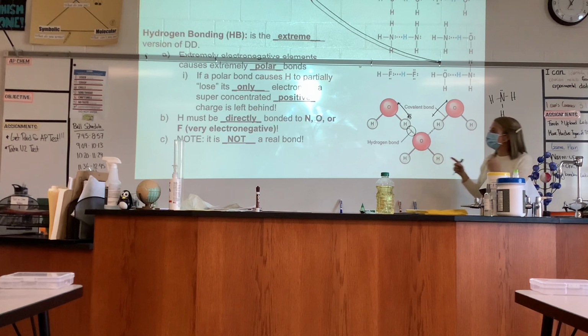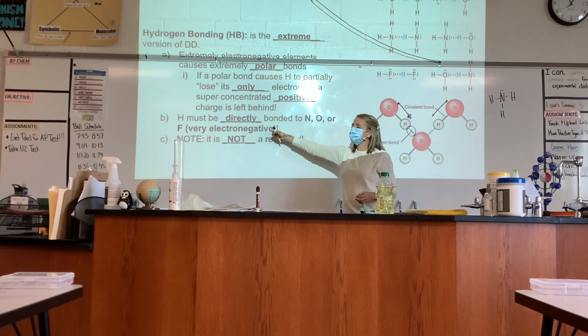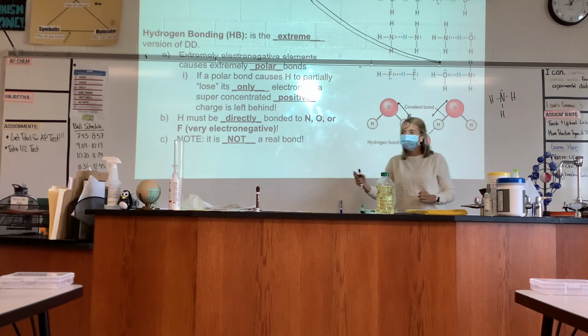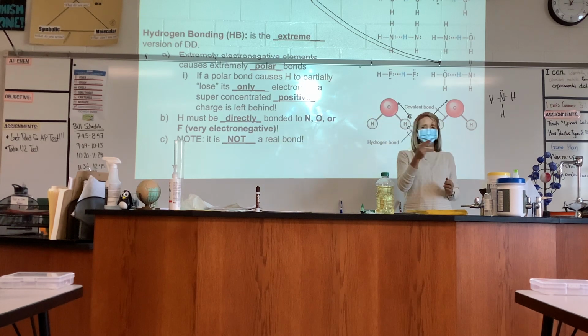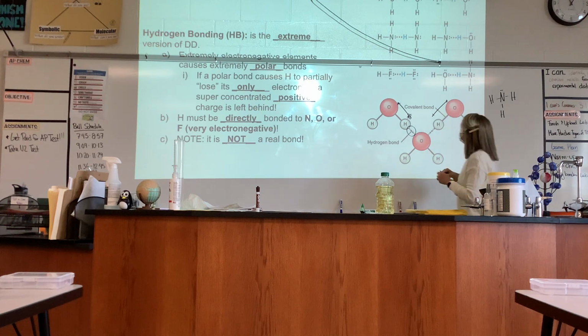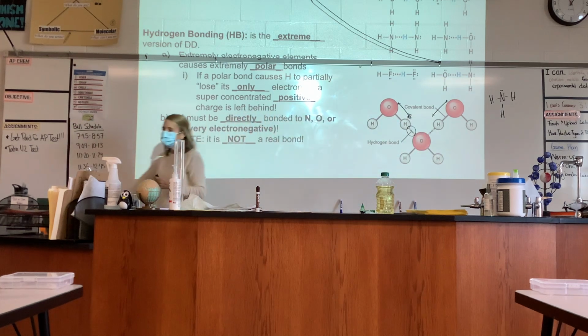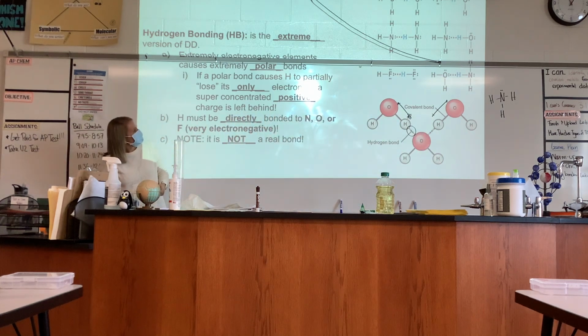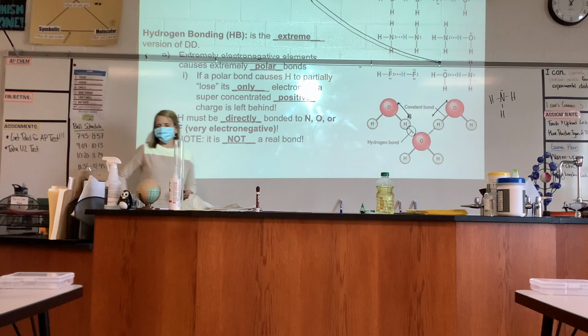Now, it only works with nitrogen, oxygen, and fluorine because of their high electronegativities. Outside of that, it would just be classified as a dipole-dipole bond. But those three have such high electronegativities, they cause that big difference in the positive and negative force. Okay? Right up here are some examples of where you can find hydrogen bonding, if you want to circle them or make sure they stand out to you.